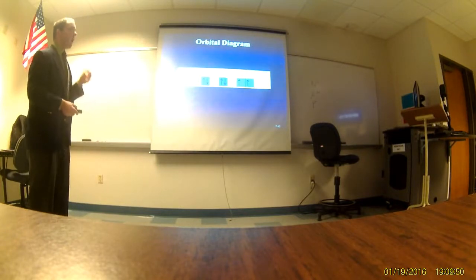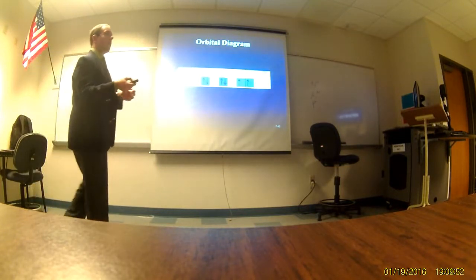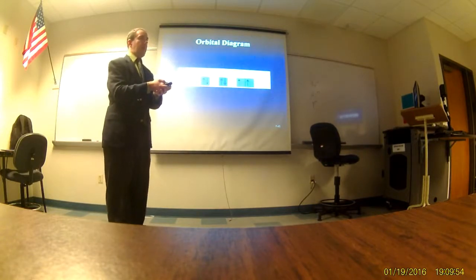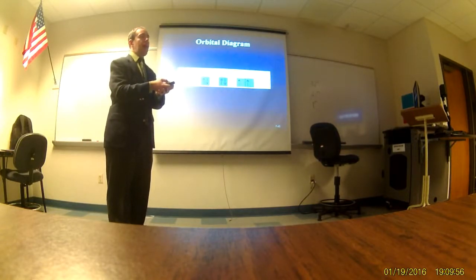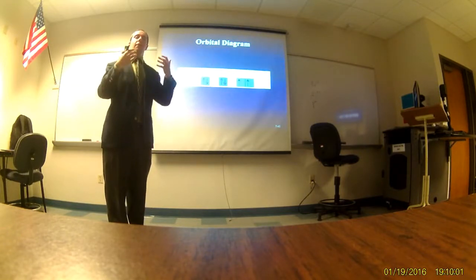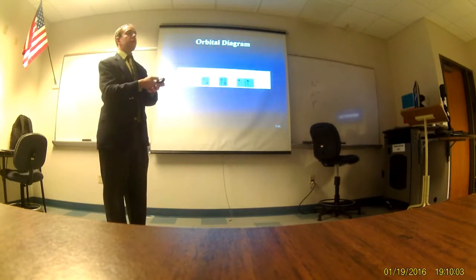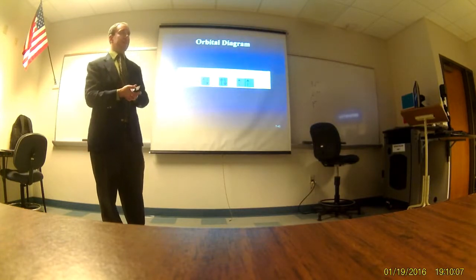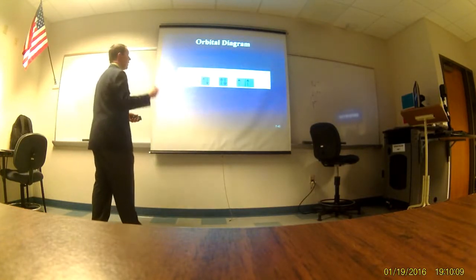So this is carbon. If you look at a carbon atom, how many electrons does a carbon atom have? 6. For a neutral atom, the number of electrons is going to be the number here. Carbon is 6. So carbon has 6 electrons.